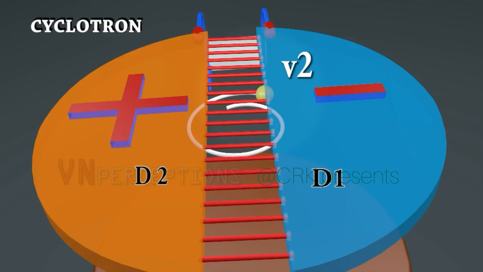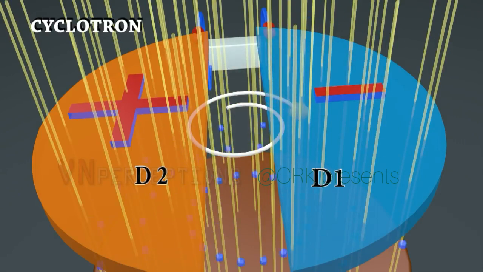When it enters D1 again, the velocity would remain constant because the magnetic field cannot change the velocity, but the particle would make a greater semicircle because it is coming inside the D with a greater velocity.